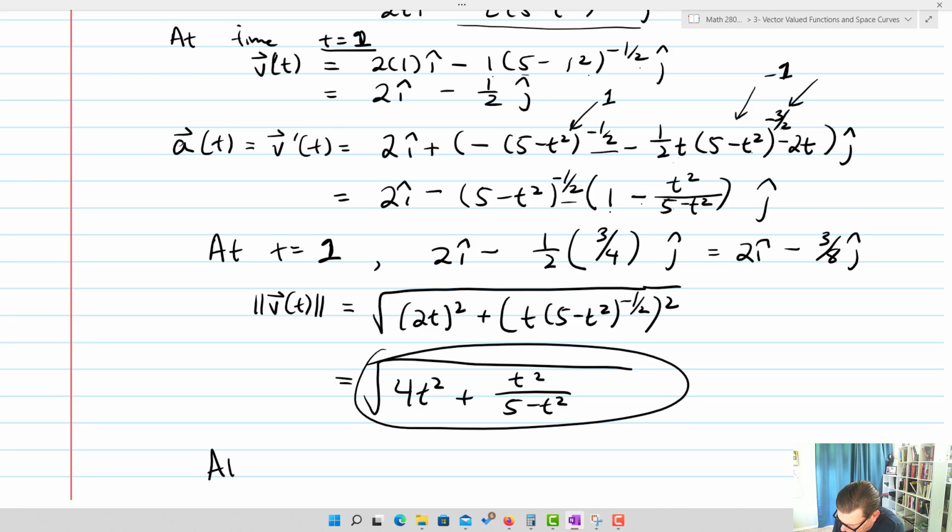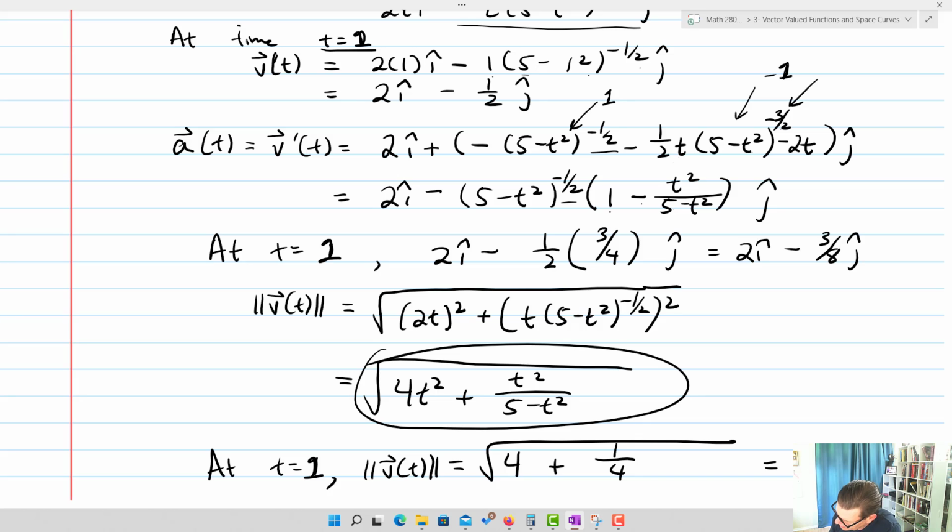At t equals 1, what's our speed going to be? So our magnitude of v of t, that speed, is going to equal the square root of, and this will be 4 plus 1 over 4, which equals the square root of 17 over 4.